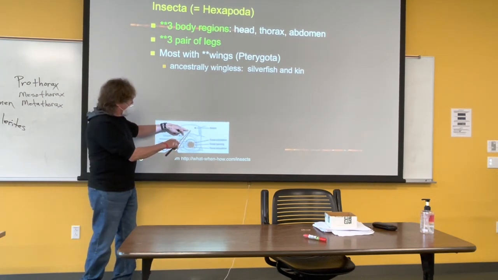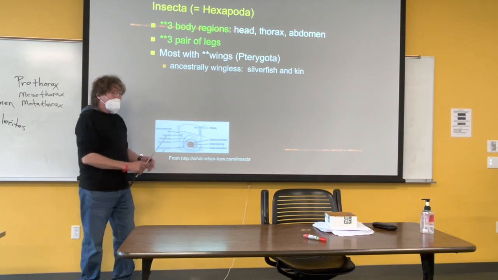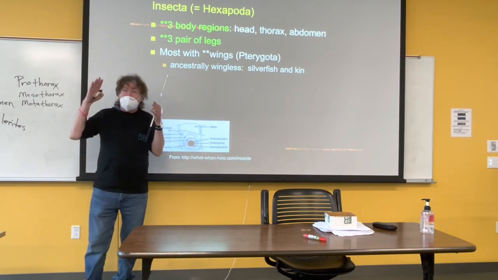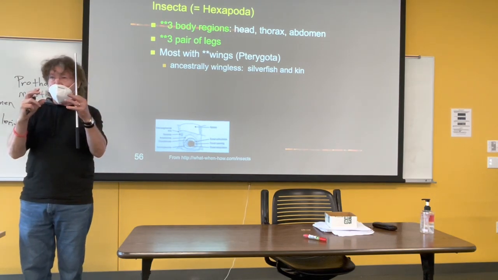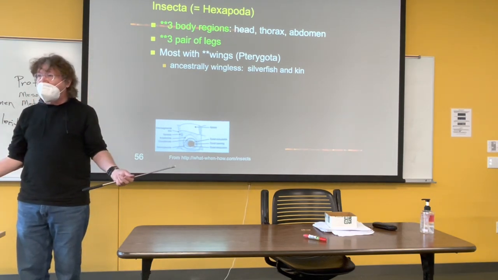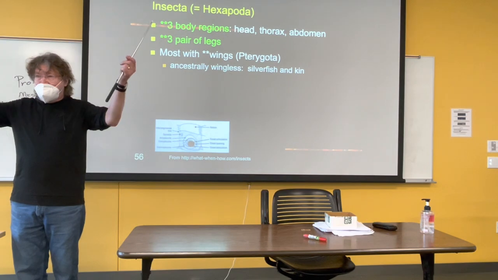So the muscles are going up and down, attached to the sternum, attached to the tergum, and when these muscles contract, it deforms the thorax in such a way that it creates a lever that makes the wings go up.